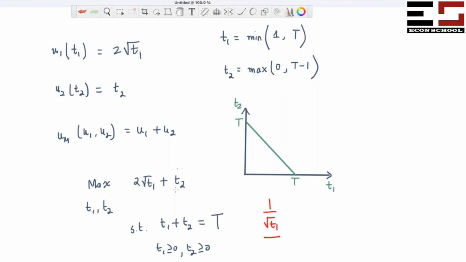Divided by the derivative of this, which is 1. What is the slope of this? 1. Now the thing is that if you just look at the slope of the indifference curve, 1 upon root T1, it's a quasi-linear function, because it's linear in this and non-linear in this.